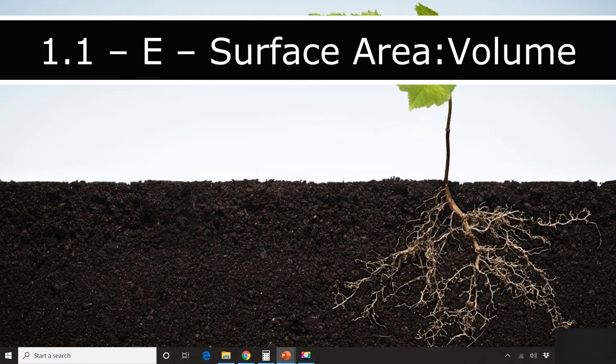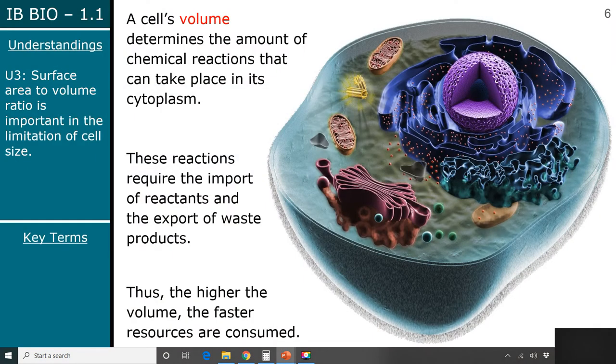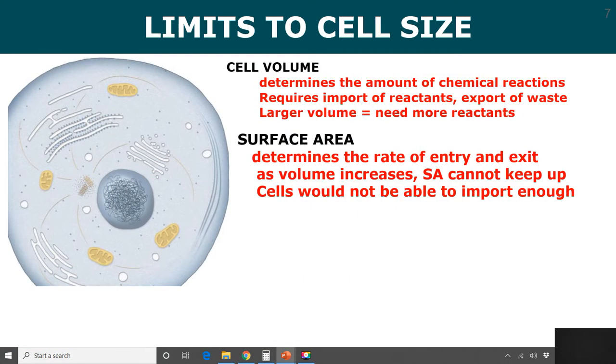So just a quick note about the whole size thing. We're going to look at the ratio of surface area to volume. A cell's volume is just how much is contained in it. If we think of it as a box, how much volume is in that box. The cell volume is going to determine how many chemical reactions can happen. And those chemical reactions require the import of reactants and the export of any waste.